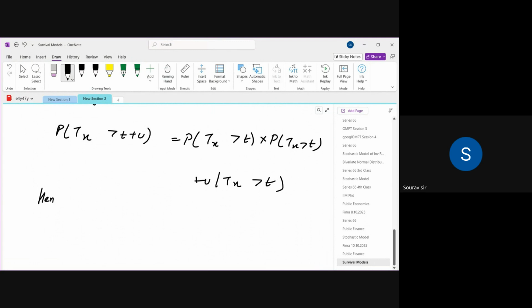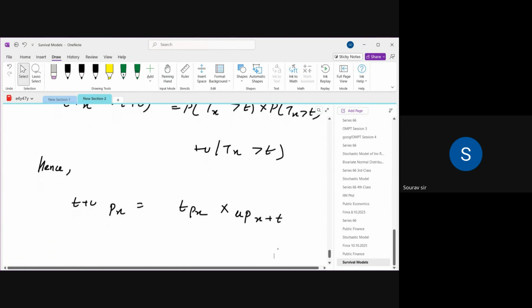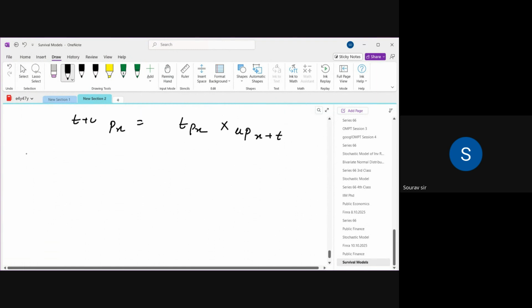So hence t plus u px is equal to tpx multiplied by upx plus t. Okay. This is one.